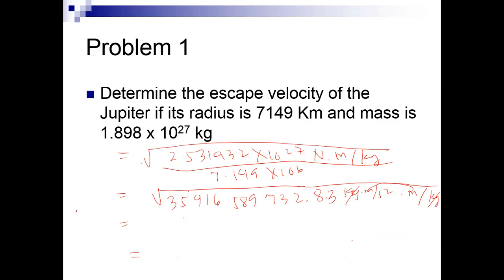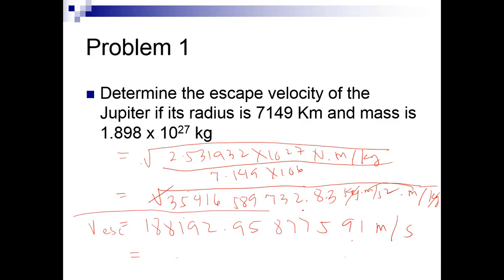At makakakuha tayo ng 188,192.95877591 meter per second. Kasi kinuha na natin yung square root ng meter and second square. Ayan, no? So this is the escape velocity sa Jupiter. Okay?